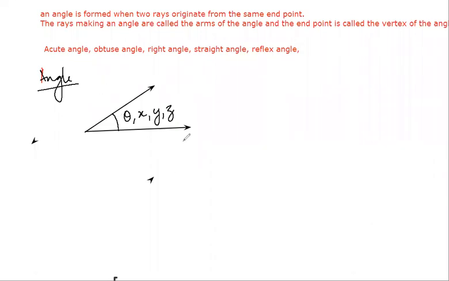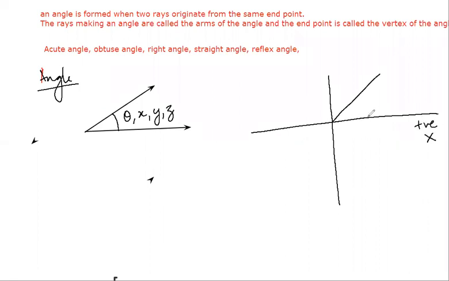Now, also students, I will tell you that suppose we have the y-axis and x-axis. Suppose I want to measure an angle here. It is accepted all over the world that an angle is taken from the positive x-axis in the anti-clockwise direction. This angle is a positive angle.